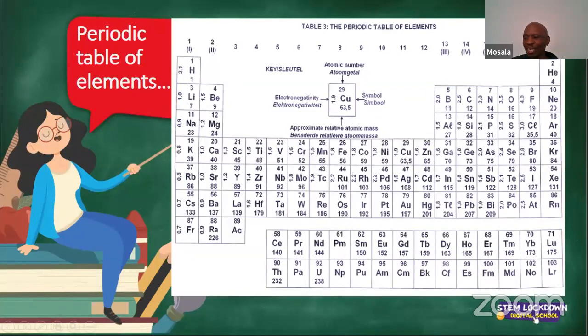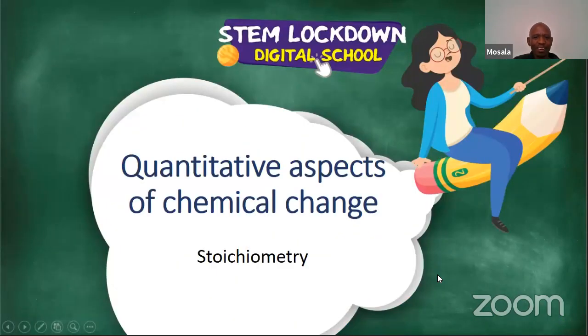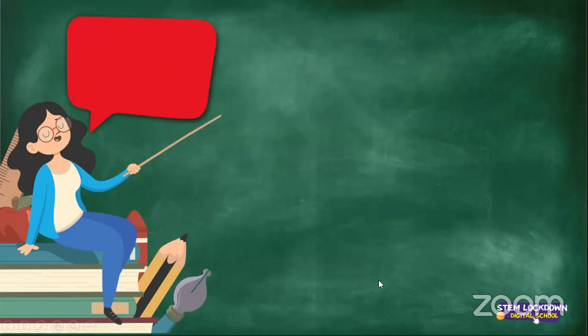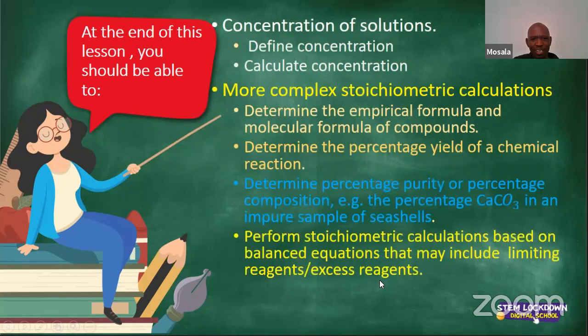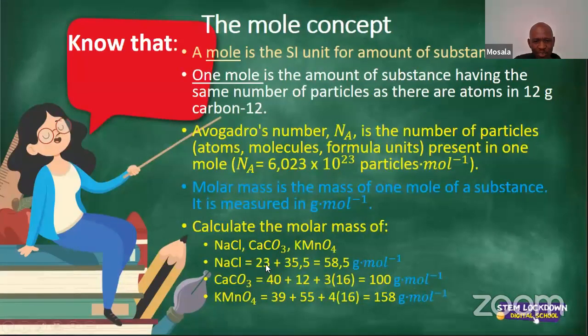So to calculate the molar mass of sodium chloride, it will be 23 plus 35,5, which gives you 58,5 grams per mole.